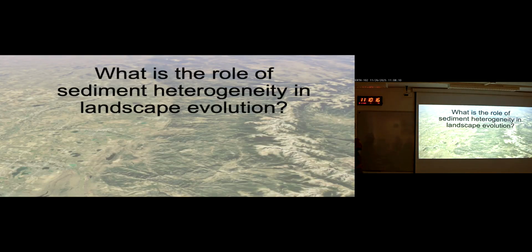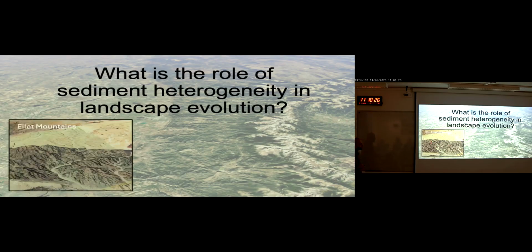We can use this general landscape to ask what is the role of sediment heterogeneity in this general drama of landscape evolution. I just want to mention that this is not a specific case. We have some very cool examples of rivers that drain different lithology from our very backyard.